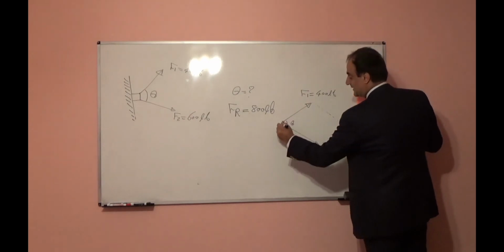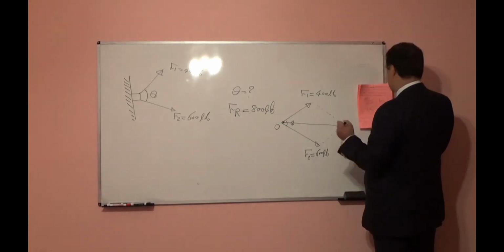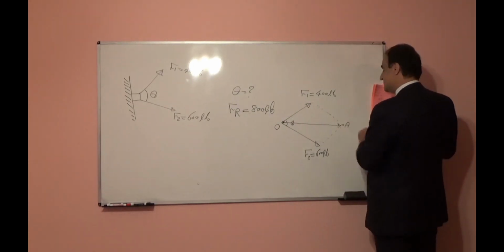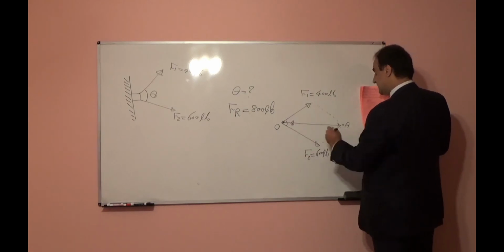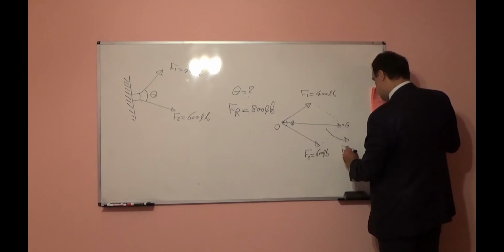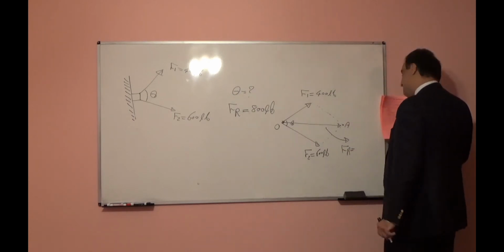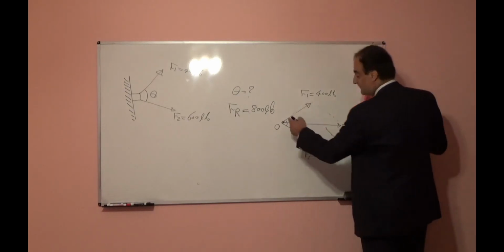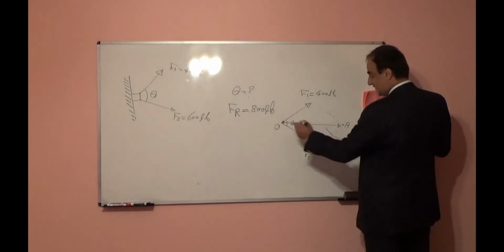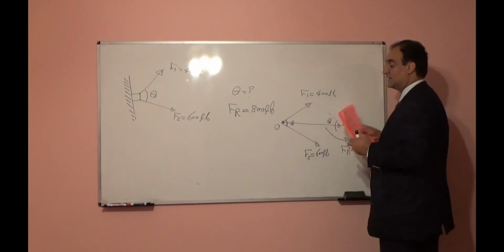Then I will connect the origin O to the intersection point, for example point A. OA will be our resultant force FR. The resultant force magnitude is given, it is 800 pounds. Now, in this parallelogram, if this angle is theta, this angle will be theta as well.